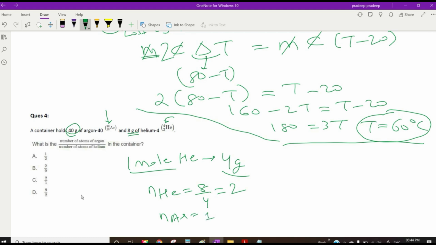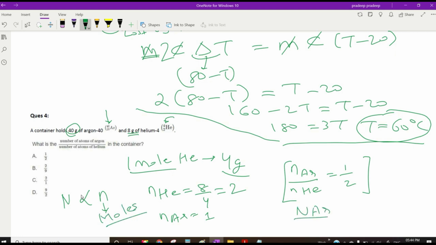So if I find the number of moles ratio, argon divided by helium, we will get 1 by 2. Now basically the number of atoms for a particular substance is directly proportional to the number of moles, which means the number of atoms ratio for argon and helium will be equal to the number of moles ratio, which we have found out as 1 by 2, and which means your answer is option number A.